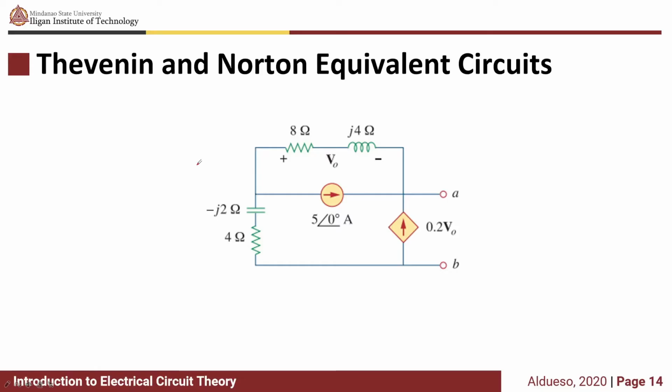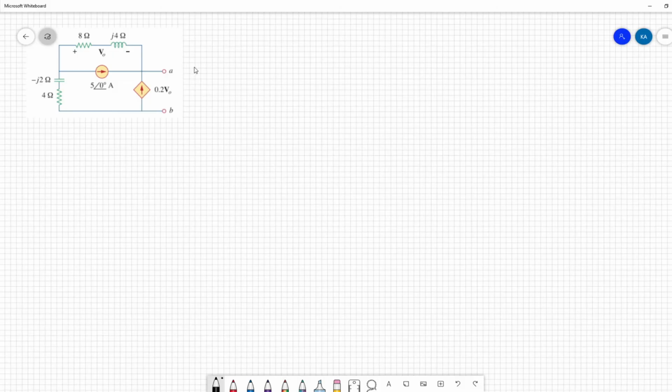For the last example, we have the Thevenin and Norton equivalent circuits. For this circuit, we need to find the Thevenin equivalent circuit at terminals AB. First, let's solve for the open circuit voltage, or the VTH.